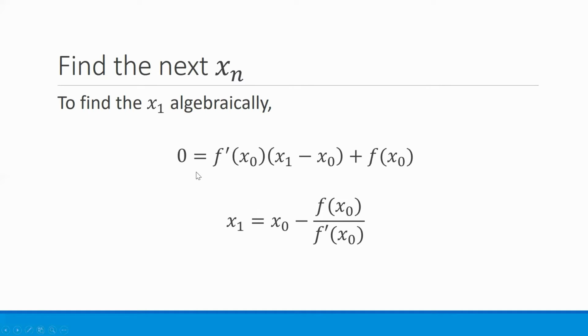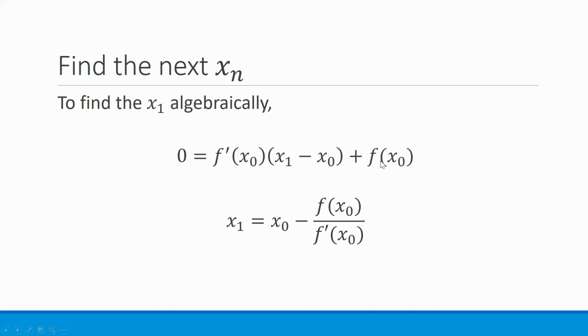Now I want to find where the line crosses the x-axis. That means where the y value is 0. And therefore, I can replace the y value with a 0. I want to solve now for x1.